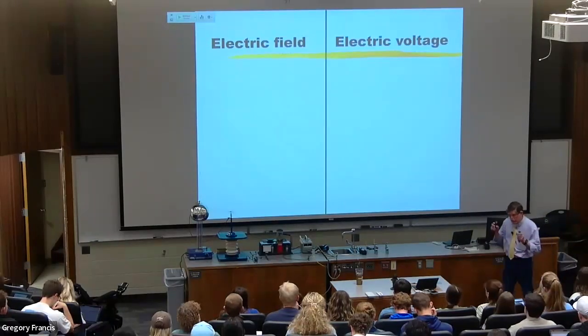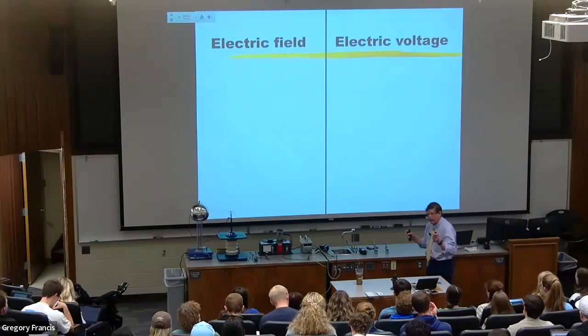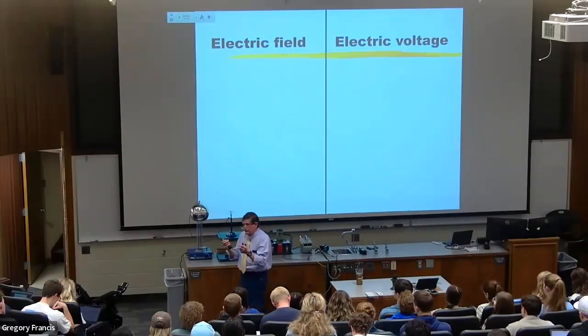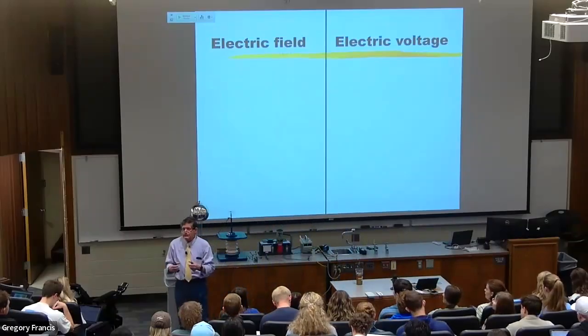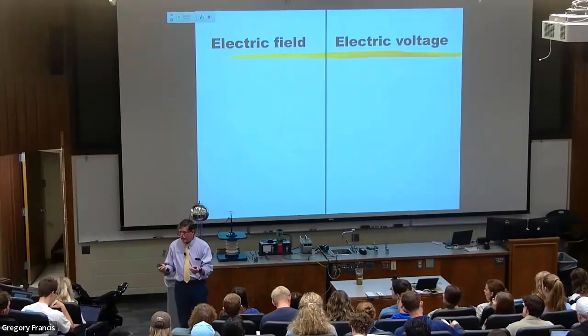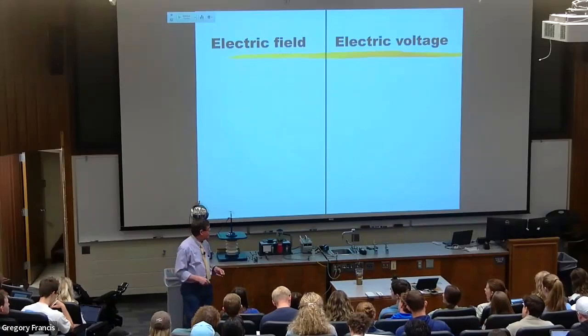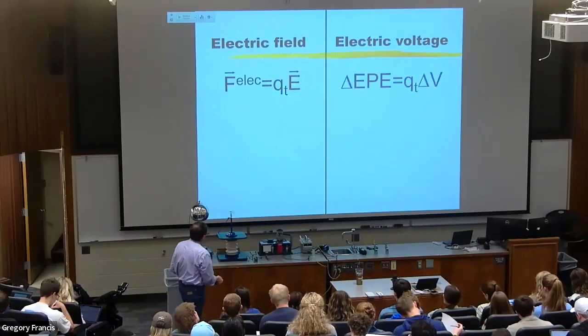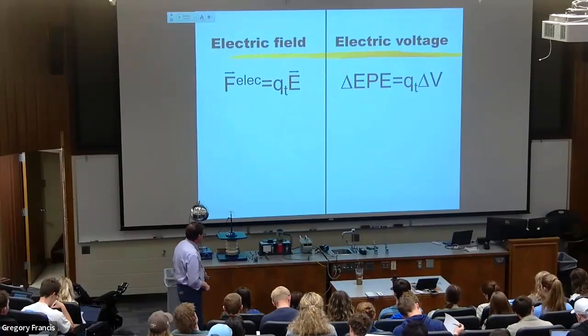The other thing I want you to see, and we've seen it before, is that the voltage difference from A to B is a rate, just like the electric field is a rate, like the price of a gallon of gas. And so the electric force depends on the electric field in the same way that the change in electric potential energy depends on the change in voltage.